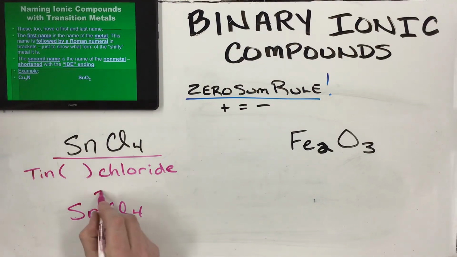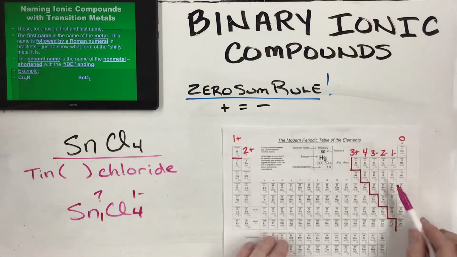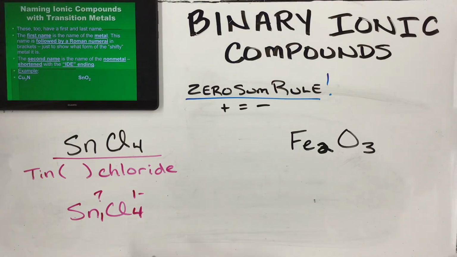I'm looking for this right here. I'm looking for that charge. So go with what I know. I know I've got 1 tin. I know I've got 4 chlorines. I know the charge on chlorine is 1 minus. Let's double check that. There's chlorine, it is 1 minus. All right. 4 times 1 is 4.